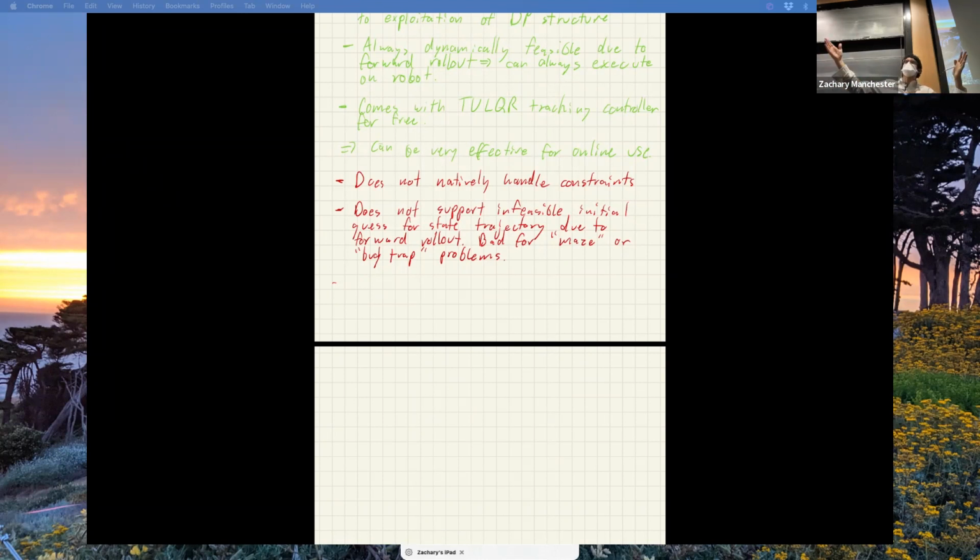You can get compounding numerical badness as the trajectories get longer, and that can eventually become a problem.